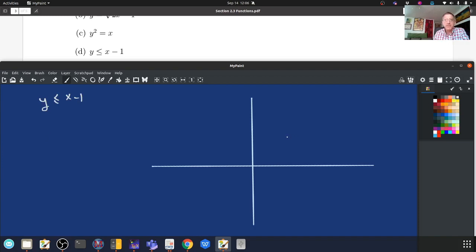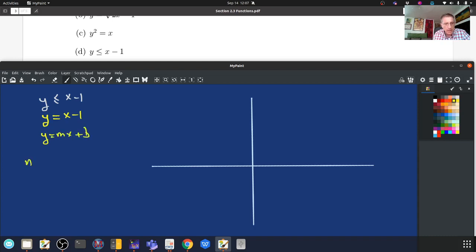Well, how do we graph this? From intermediate algebra, what we do is we change the inequality to an equation. So notice number D is an inequality. We're going to change it to an equation, y is equal to mx plus b.